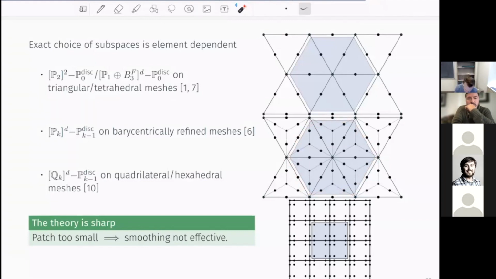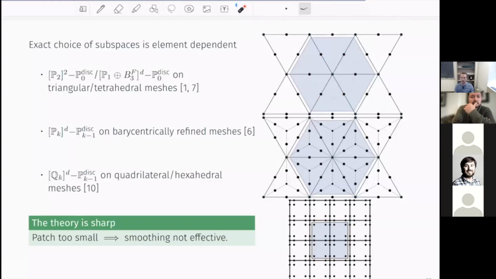And then recently, so this was done with a student here, Melody. She has been looking at quadrilateral and hexahedral meshes, and the result is very similar to those meshes, where, again, you look at a vertex and you collect everything in the cells that touch this vertex, right? And this theory is incredibly sharp.